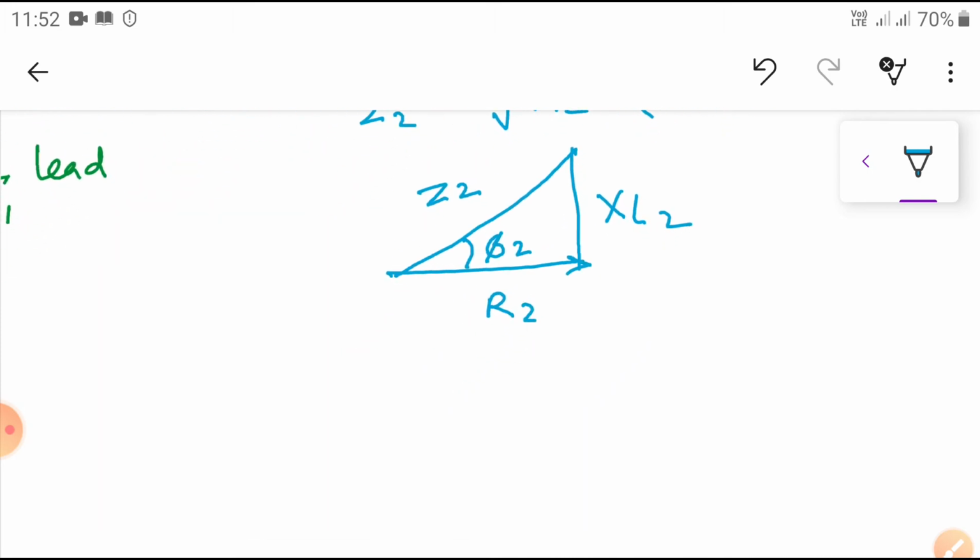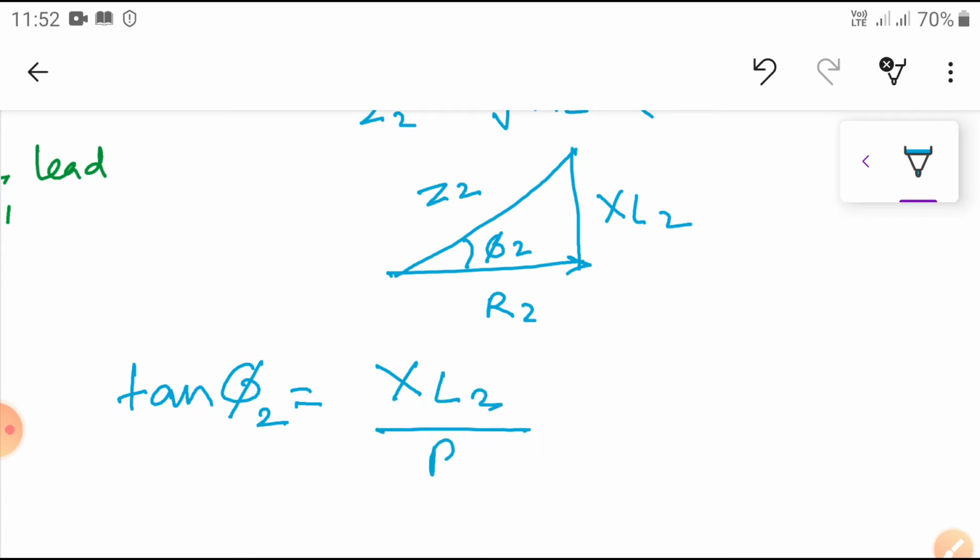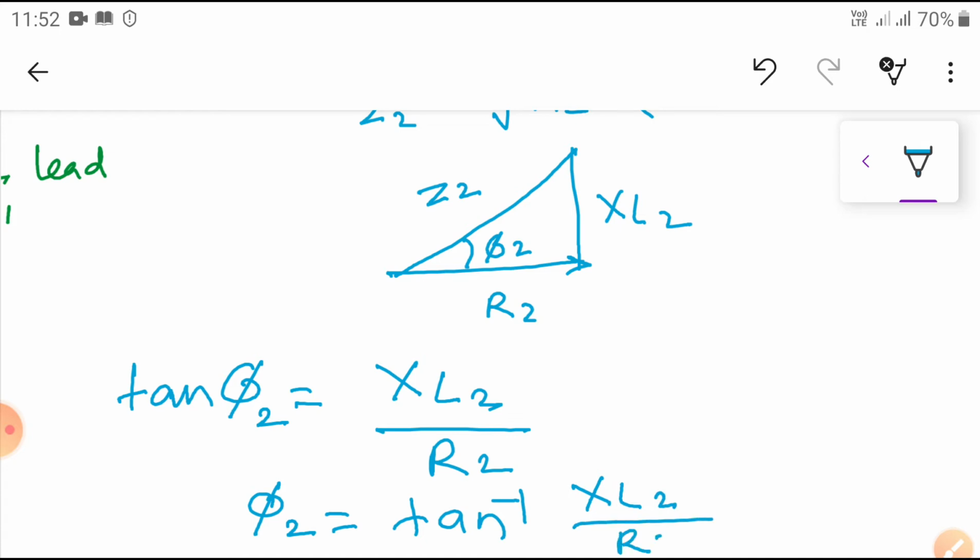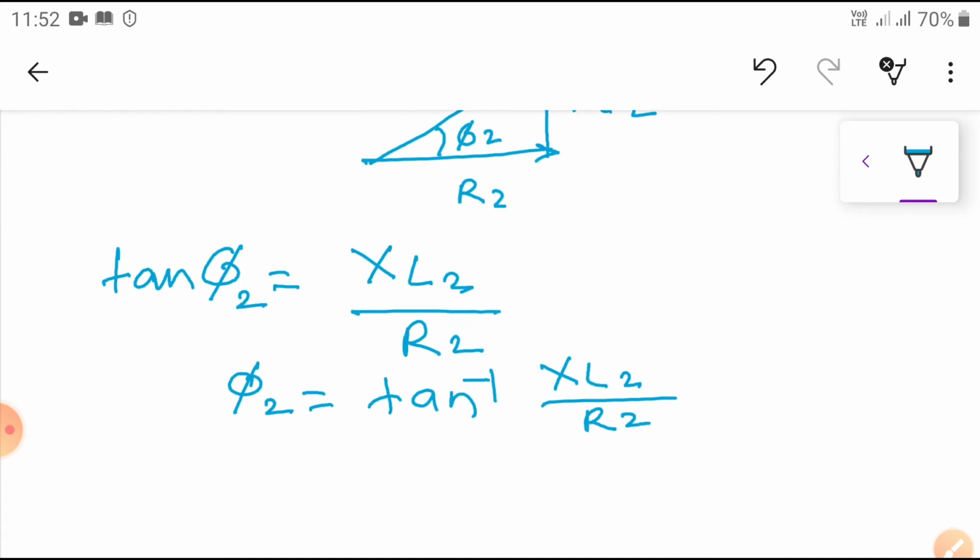So we can write tan phi 2 is equal to opposite by adjacent, XL2 divided by R2. So the phi 2 phase angle is equal to tan inverse of XL2 by R2. This is the formula.